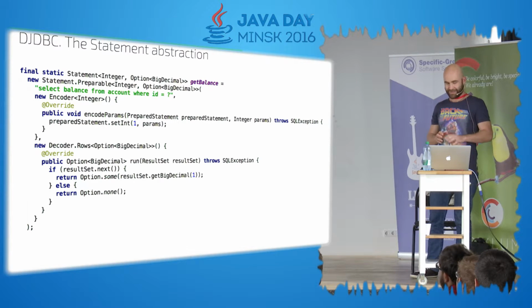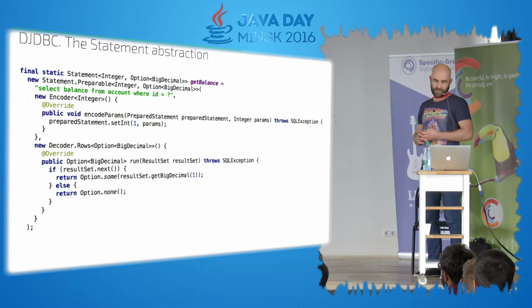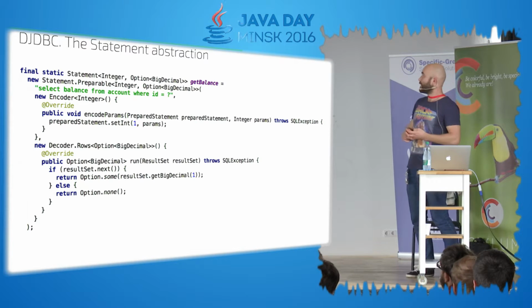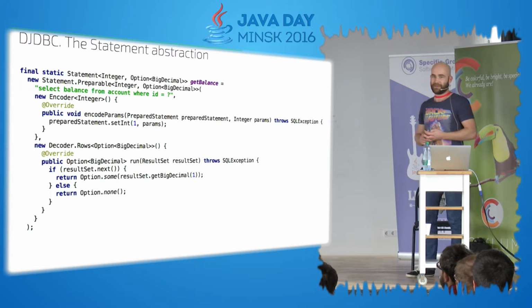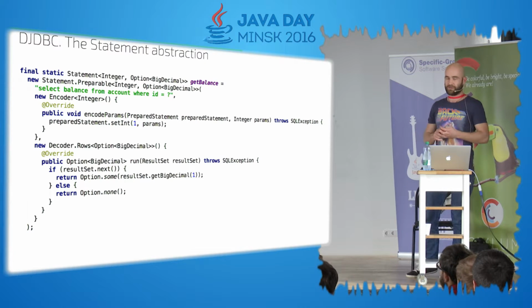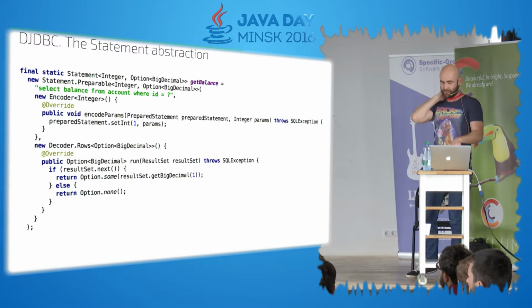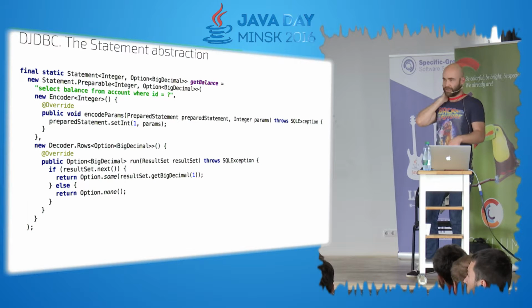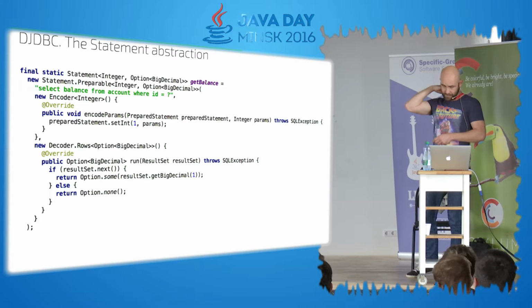And this is actually the reason why this variable that I assign this statement value to is final and static, because it won't change during the runtime of our application. It's just declared, and it will be like this. But it is possible to change the parameters while executing this statement. And I'll show how to execute it later.